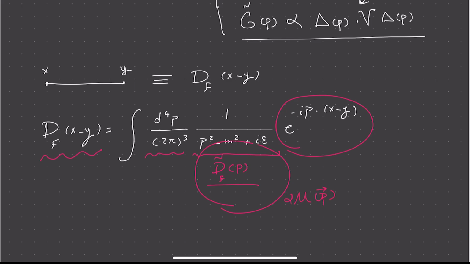And basically, the direction of the momentum is up to us. We can put it from left to right, or you can put it from right to left. But now we have to choose a convention: if x0 is larger than y0, that means something is propagating from y0 to x0.